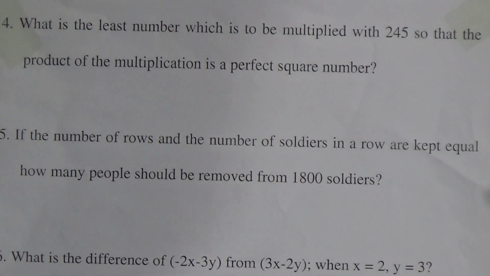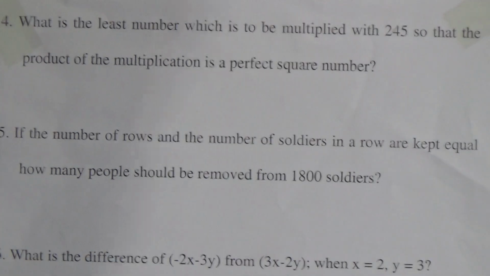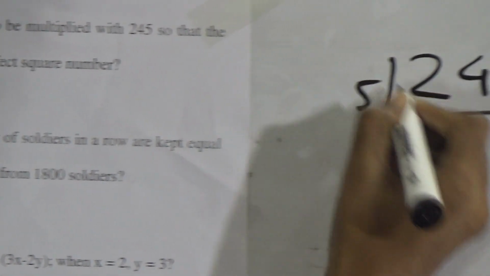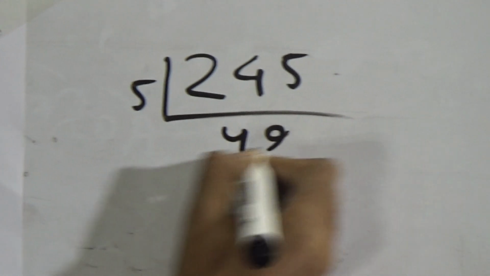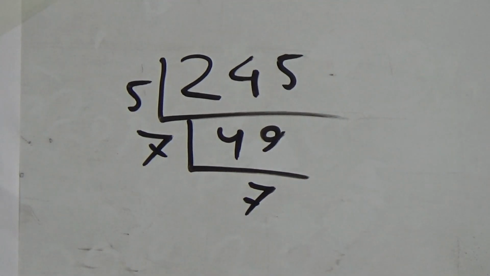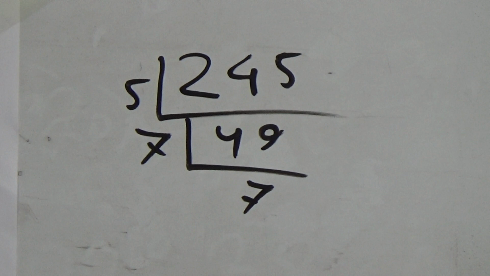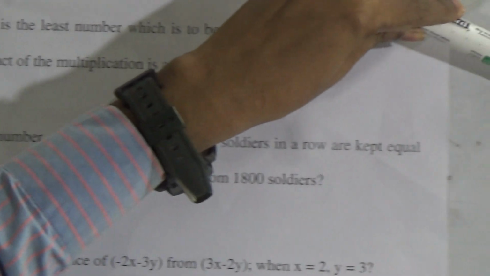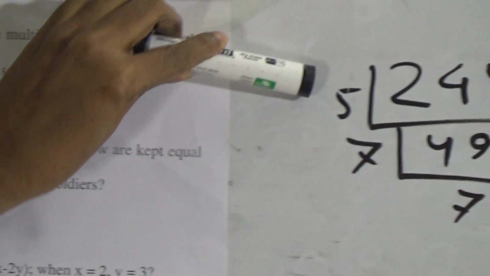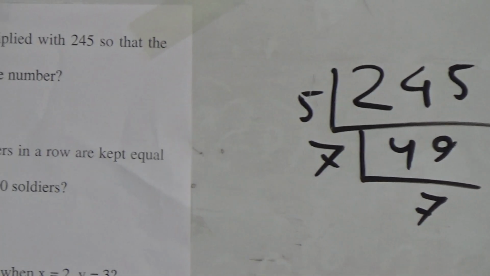At first you have to break 245 like this: 5, then 7, 7. You see, 7 and 7 are a pair, but 5 is without a pair.